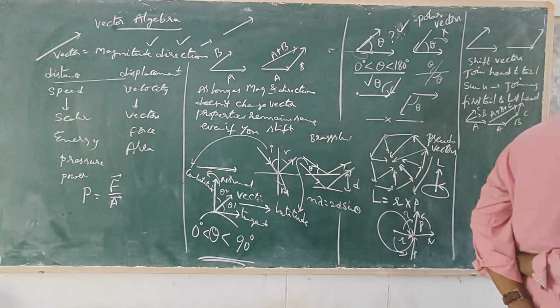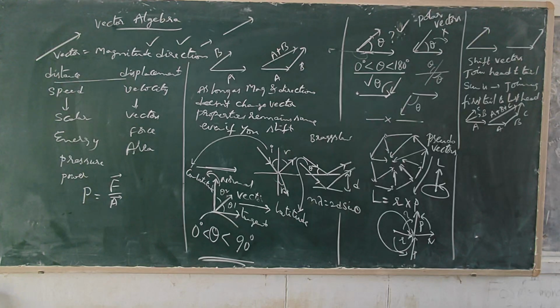Same if you want to subtract the vectors. Subtract cheyalante, let's say you want a minus b. You have to flip the second vector. B ki negative sign kavali naku. Em cheyali? You have to flip the second vector b. So this is minus b.